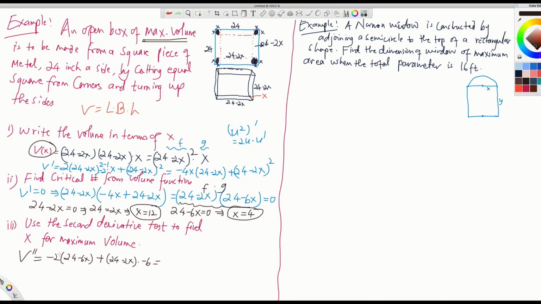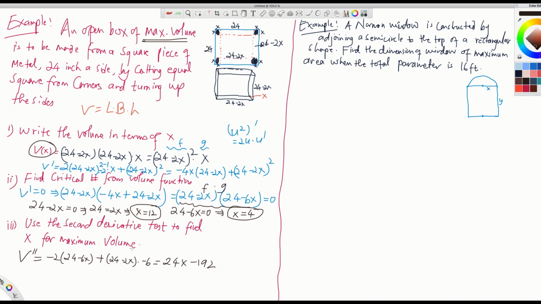Negative 2 times 24 is negative 48 plus 12x, and then plus 24 times negative 6 will be negative 144, because 24 times 6 is 144, and then plus 12x. So if you simplify this, basically you will get 24x minus 192.